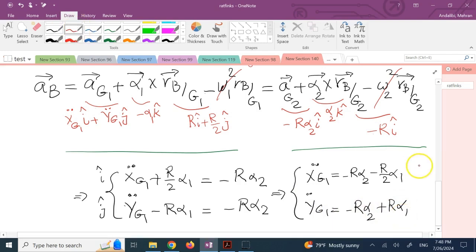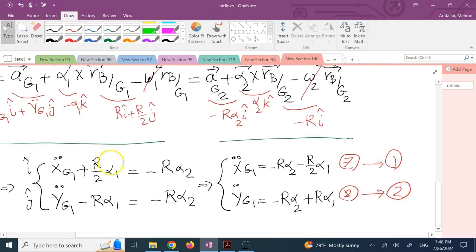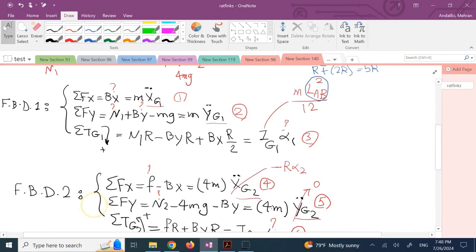Okay, and I would call this 7 and 8, which are going to be implemented in 1 and 2. So now, if I implement this 7 and 8 into 1 and 2, I really will have 6 equations, and as I said, 7 unknowns.